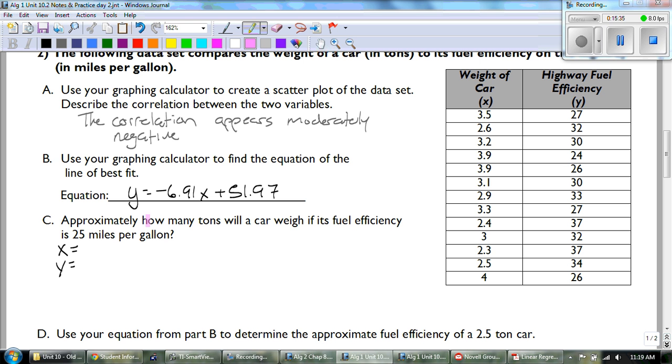Well, they're asking us how much will it weigh? The weight of the car is X, so that tells me right away that that's my question mark, and the fuel efficiency is my Y. So we would plug in 25 for Y and use our equation to solve.